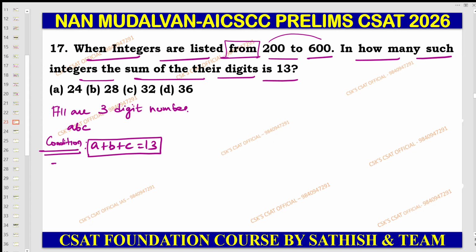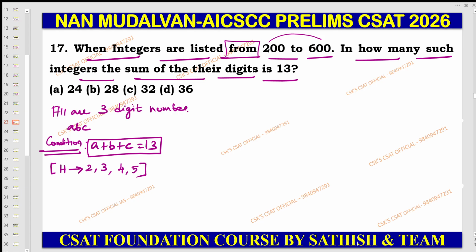And one more thing you note here, the 100's place. What is the 100's place? 2 possible, 3 possible, 4 possible, no, 5 possible, right? 200 to 600.